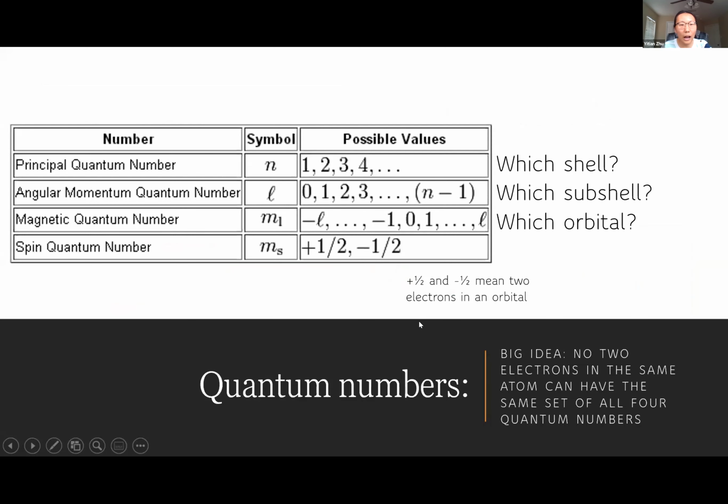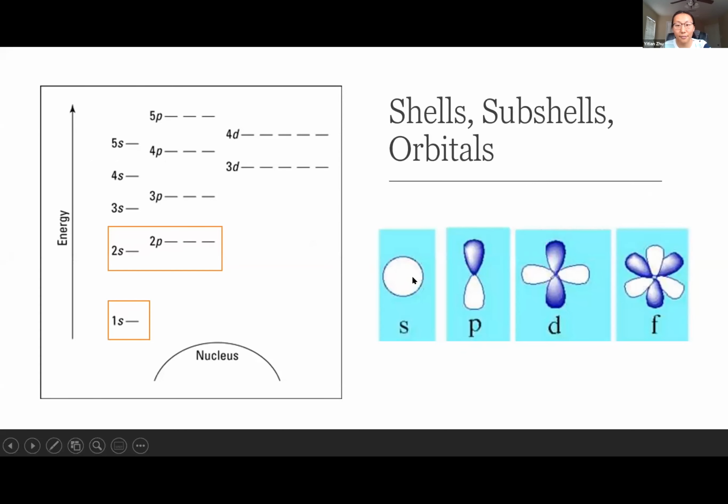Then the second quantum number, which is L, tells you which subshell it is, and also the shape. So there are 4 different main shapes of an orbital, and they're just called S, P, D, and F. And so these orbital shapes tell you in what shaped region the electron can live.